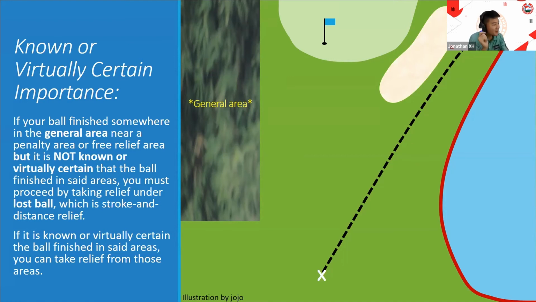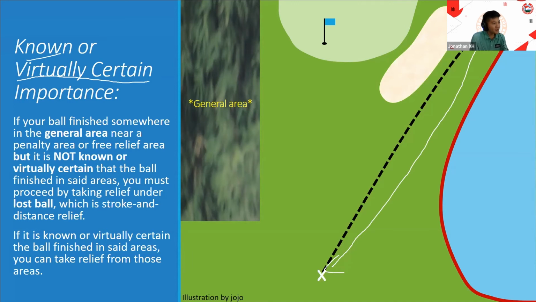Okay, by definition, we don't know means it is not known and you didn't even state anything about virtually certain. So we don't know where this ball ended up. And in the case where you said you don't know, it is declared lost and the referee will take you back to X. You lost distance and you lost the stroke, you've lost your time also.